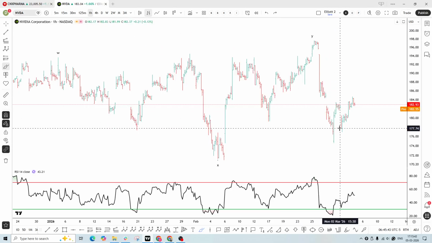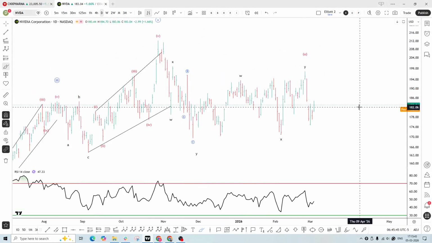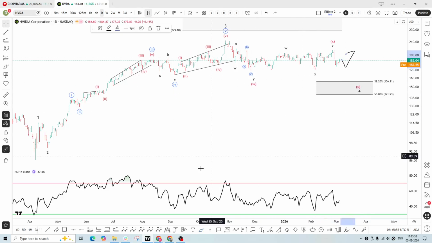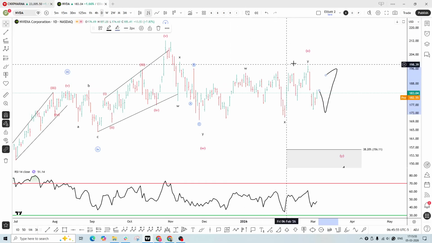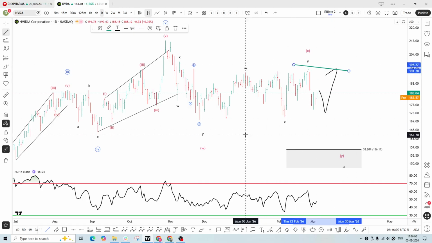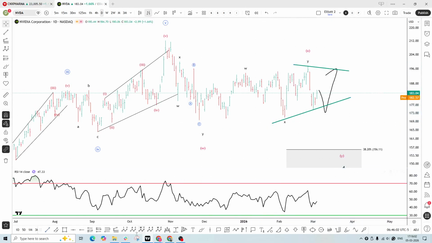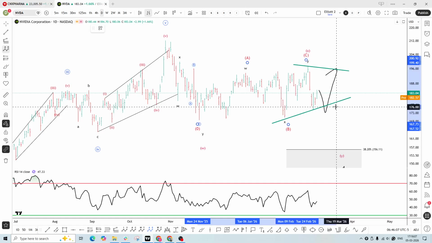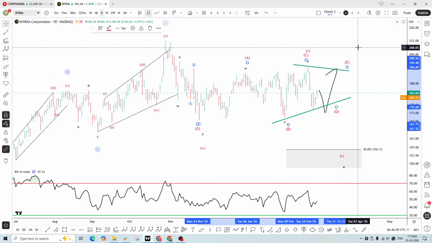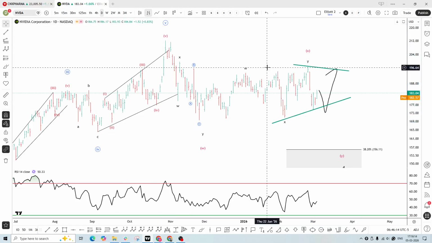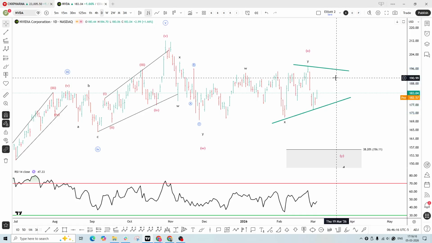So if this is not the five wave, then definitely on the daily we are forming a triangle, and in that case we can do something like this. We might do this as a triangle, and if I have to mark it, it would be A, B, C, D, and E. So this could be another possibility, but if Nasdaq is breaking down, then Nvidia should also break down, in line with the overall indices.